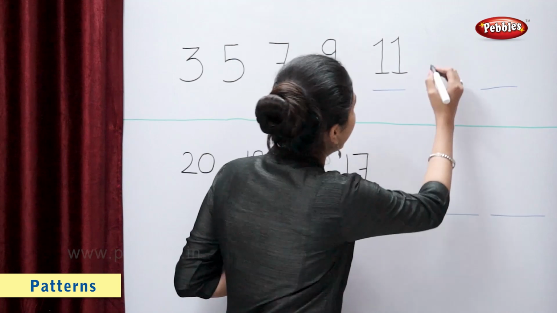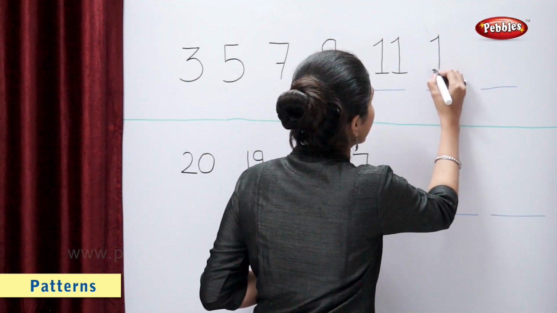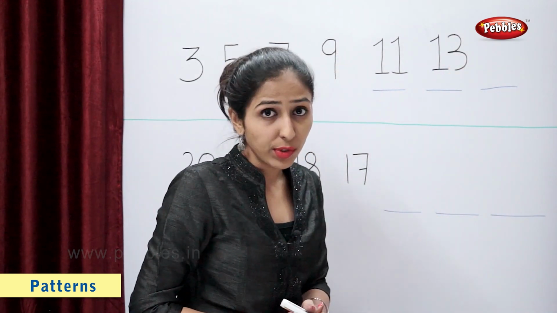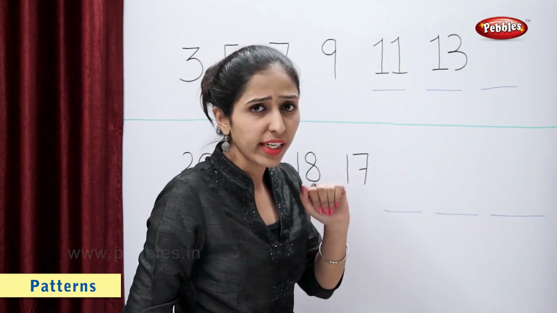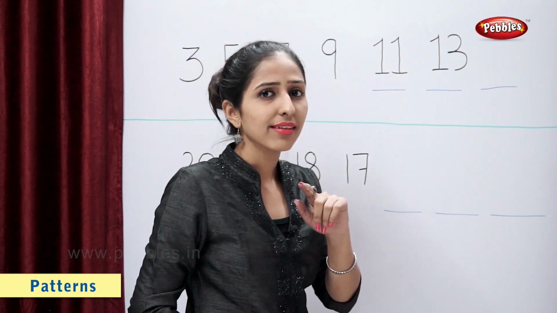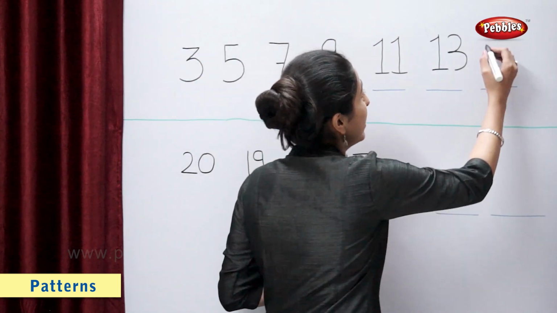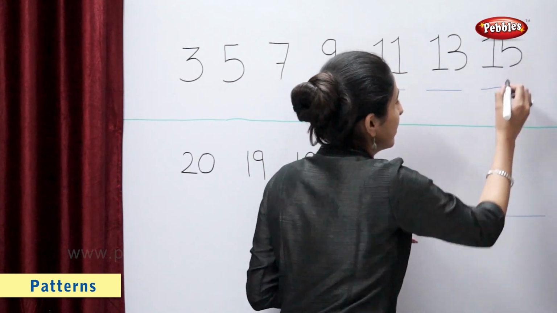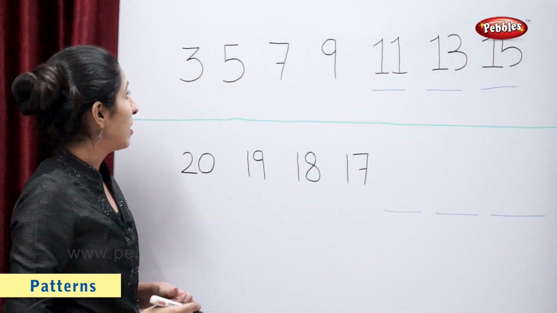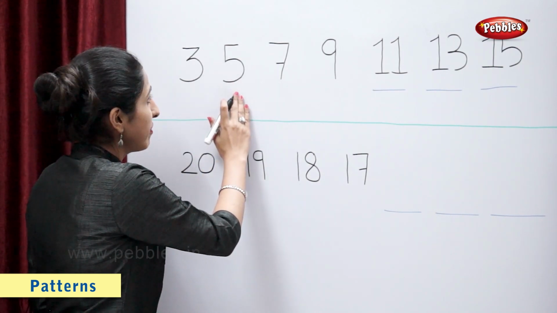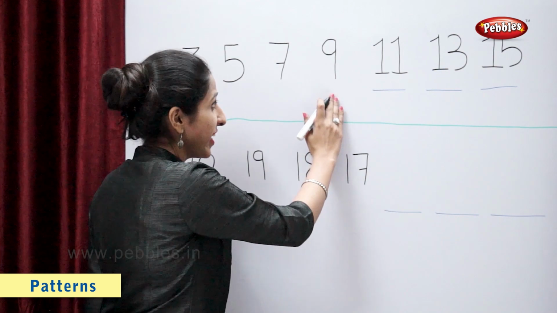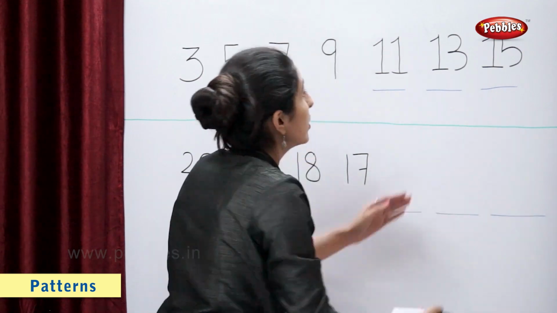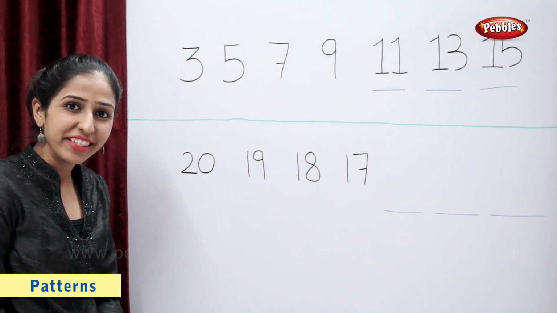Correct, number 13. Now tell me, students, what comes after number 13? Right, number 15. We have 3, 5, 7, 9, 11, 13 and 15.